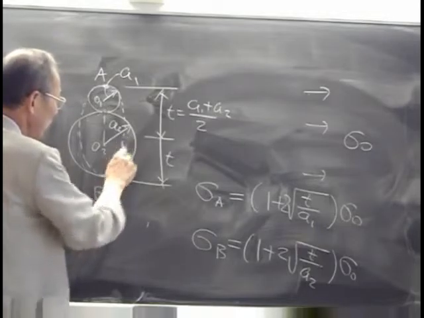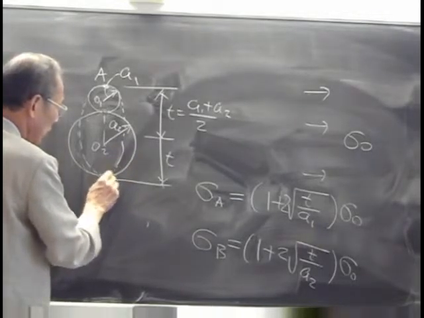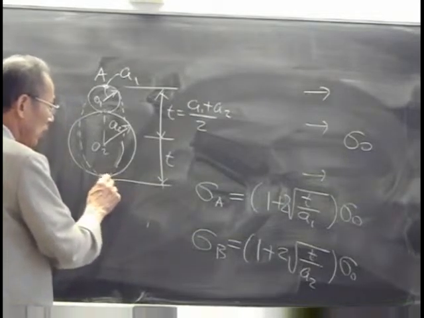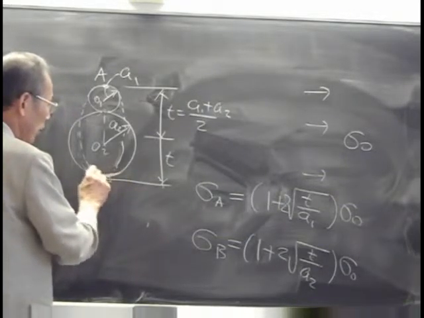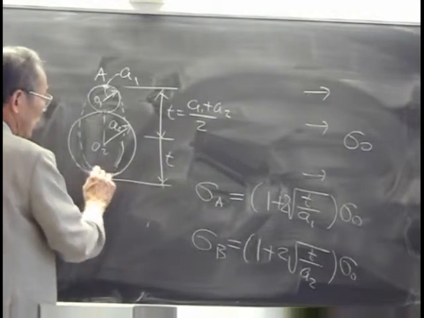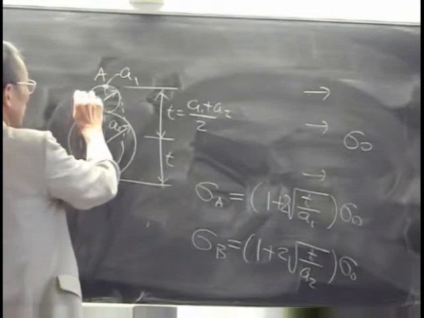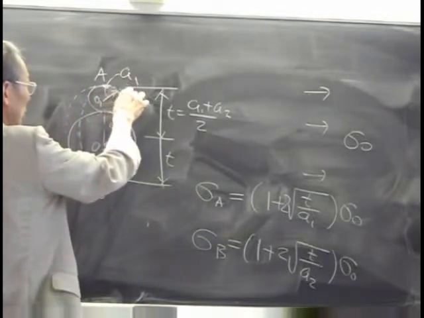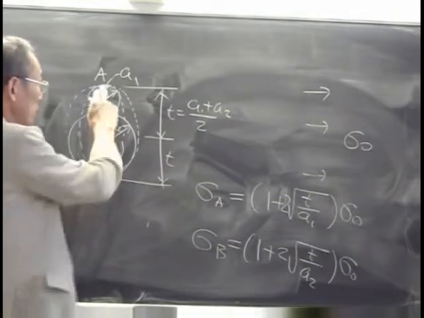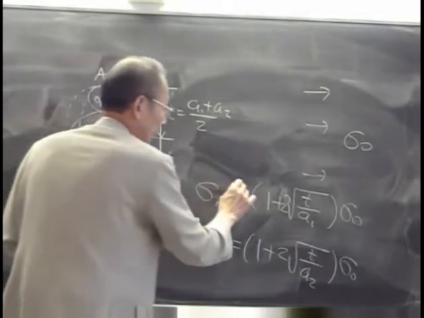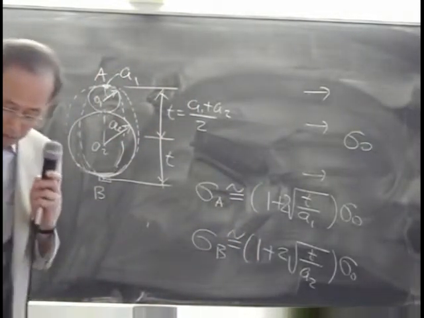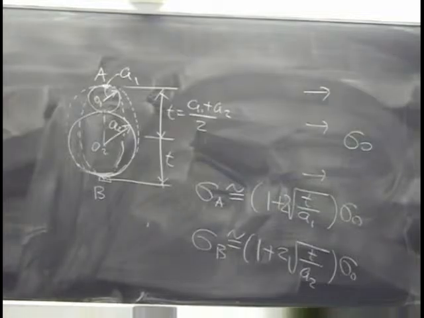And then when we estimate the stress at this point, we pay attention to this radius, and we imagine the equivalent ellipse like this. So this is a very accurate estimation of stress.